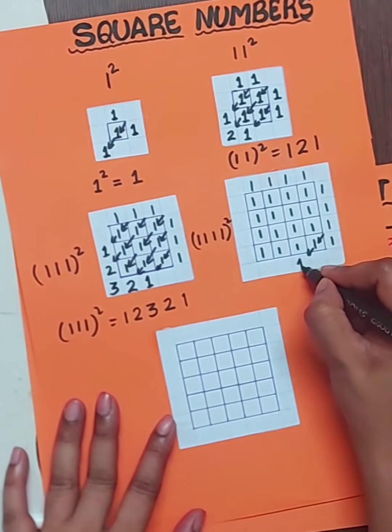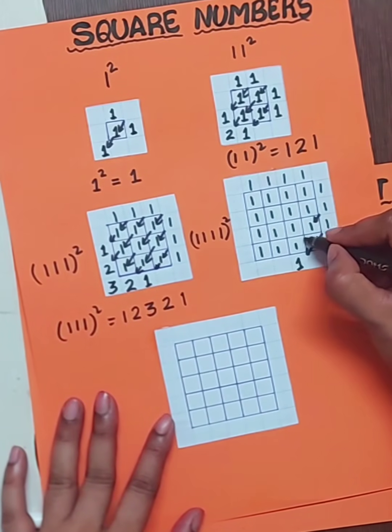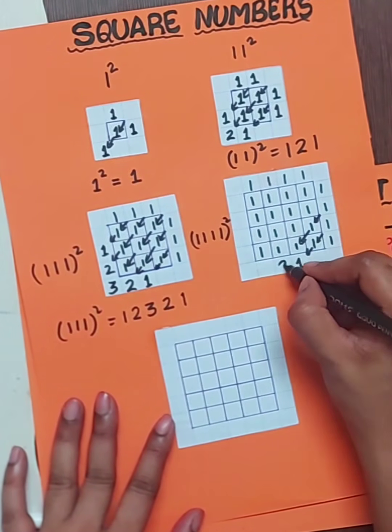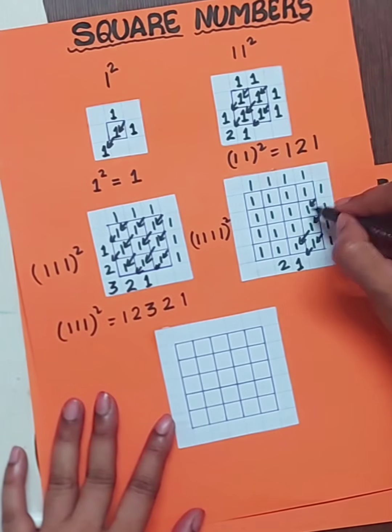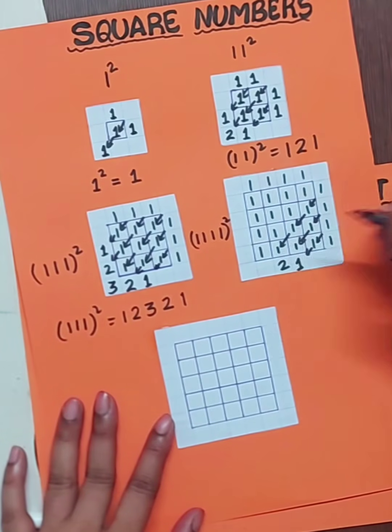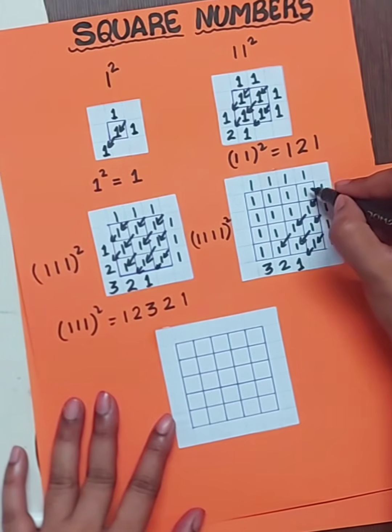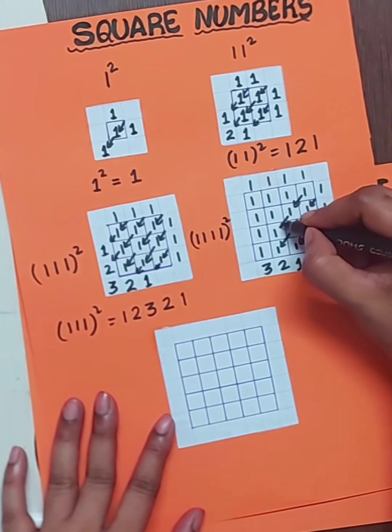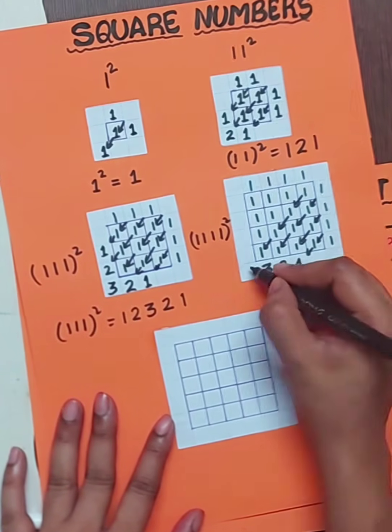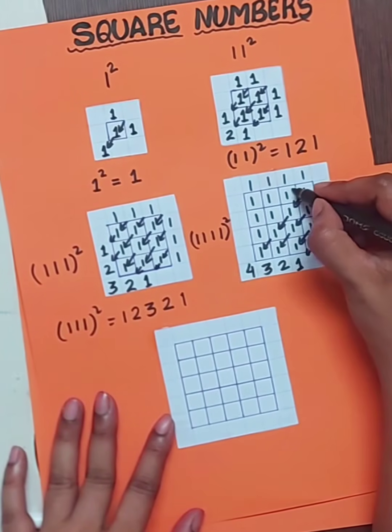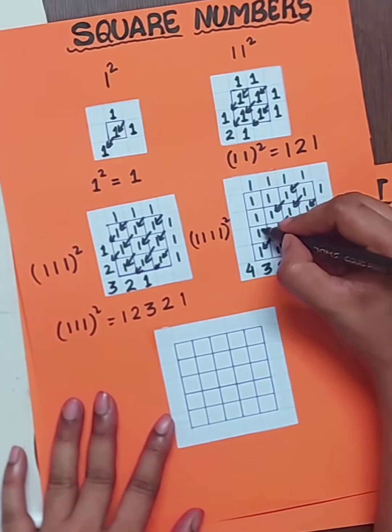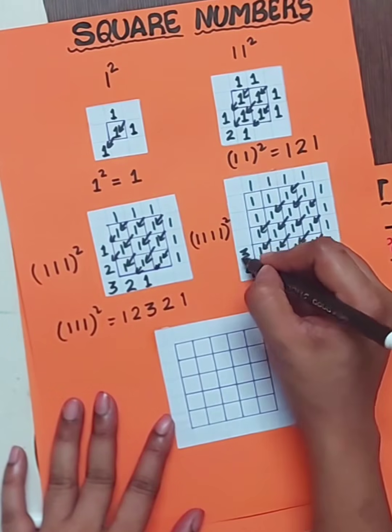So we'll get 1. Here we'll get 1 plus 1, 2. Then 1 plus 1 plus 1 will get 3. 1 plus 1 plus 1 plus 1 will get 4. 1 plus 1 plus 1 will get 3.